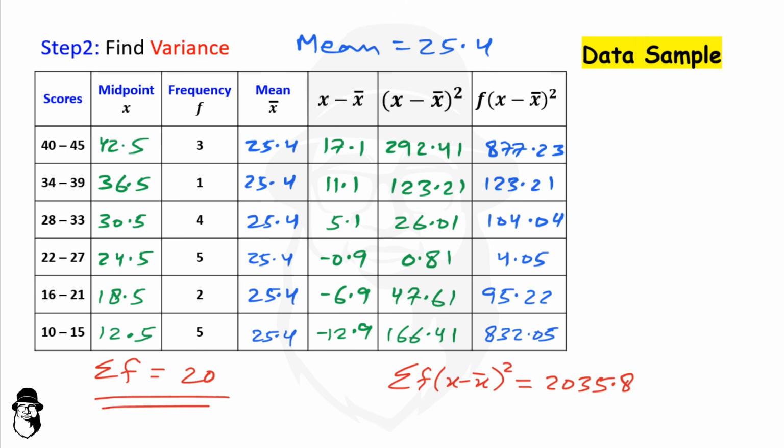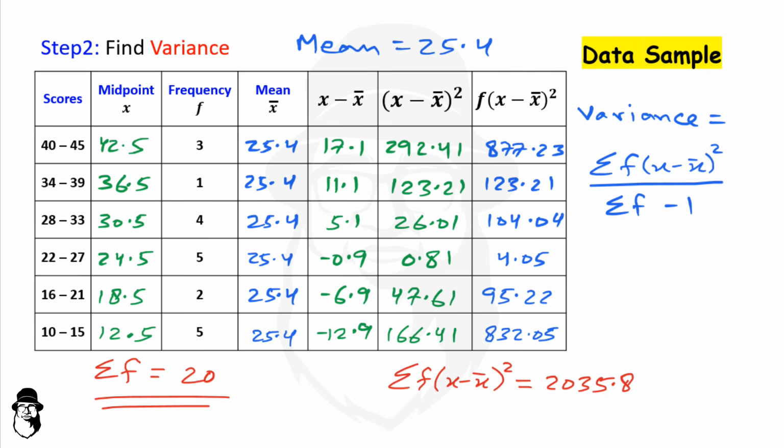And when we calculate variance, we have this formula. Variance is equal to sigma f times x minus x bar whole squared. This is the numerator, and in the denominator we have sigma f minus 1.